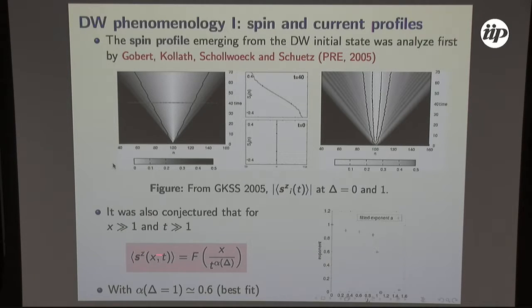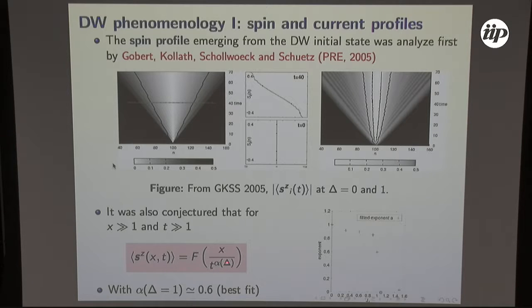So essentially what they conjecture is that the magnetization profile becomes a scaling function of x over t to the alpha, and this exponent alpha depends on the interaction delta. So if delta is 0, alpha is 1. So for the free fermion model, this profile is a function of x over t, which is also telling you that there is this ballistic transport because you can rescale x and t the same way.